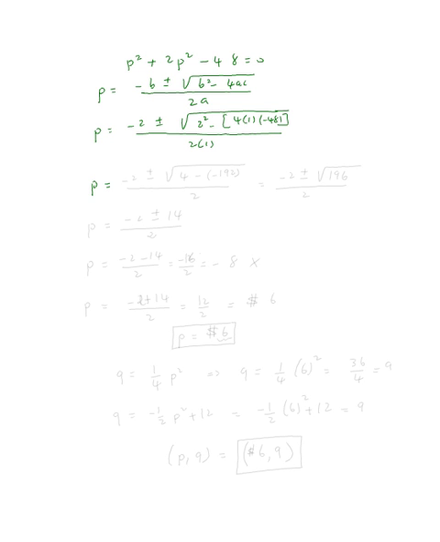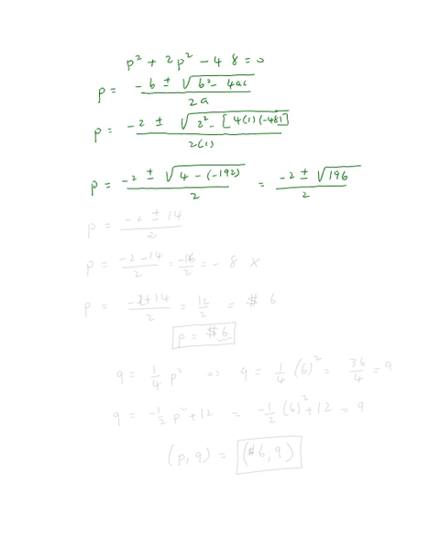Now the price is minus 2 plus or minus the square root. 2 squared is 4 minus 4 times negative 48 will be minus 192, which is minus 2 plus or minus the square root of 196 over 2.